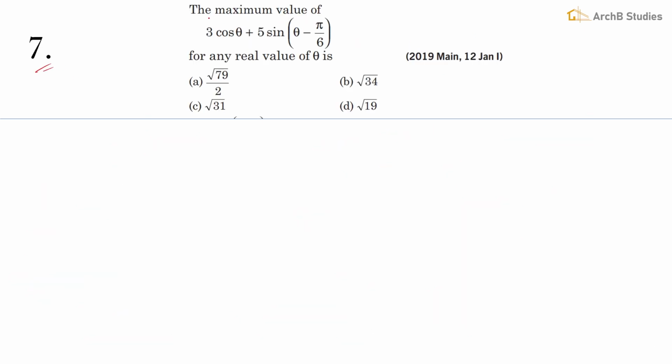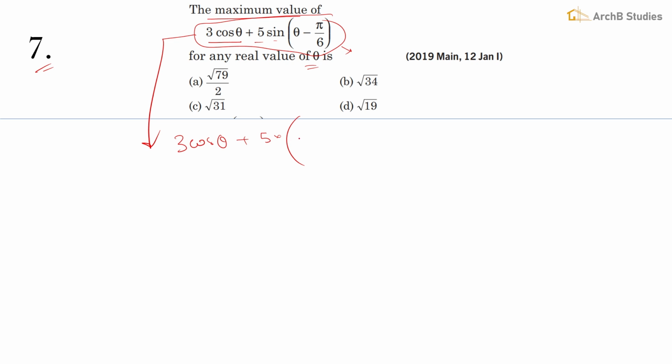Seventh is the maximum value of 3 cos theta plus 5 sin (theta minus pi by 6) for any real value of theta. So first we will simplify this and then we will see what is the maximum value of this one. 3 cos theta plus 5 into sin(a minus b).